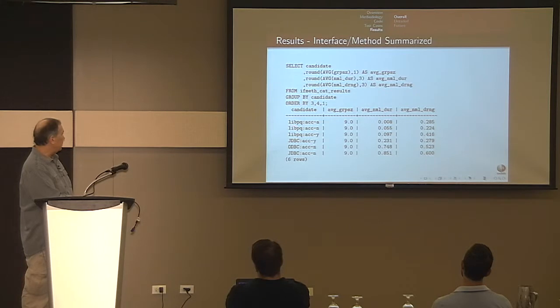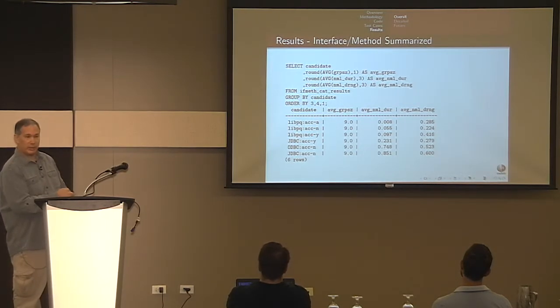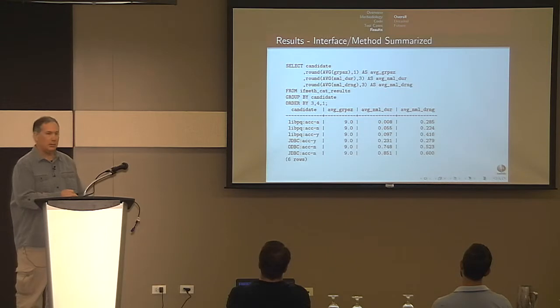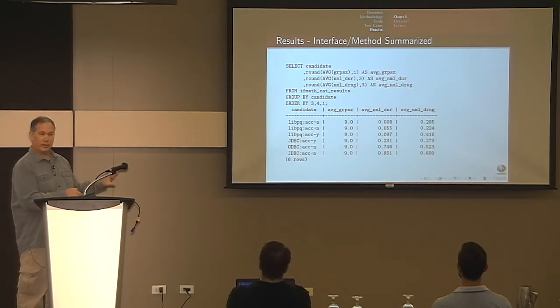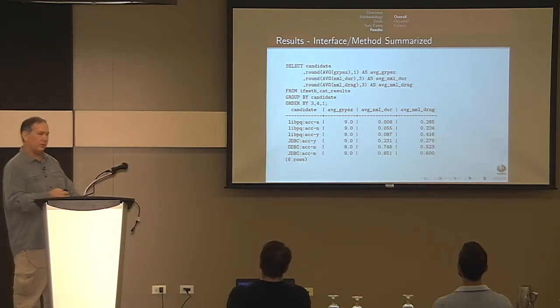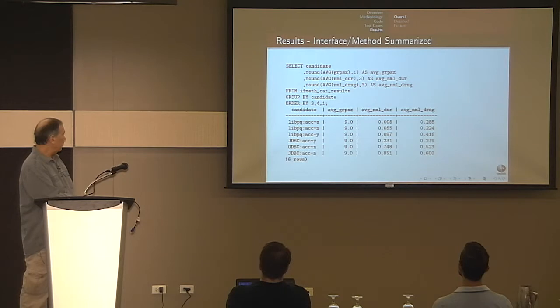You can see that libpq with the alternate one row at a time interface actually beats out the normal interface, which is maybe not surprising to some people. And there are definitely some cases where the alternate interface is not faster. But overall, across all these test cases, sort of averaged out, that one is by far the fastest.